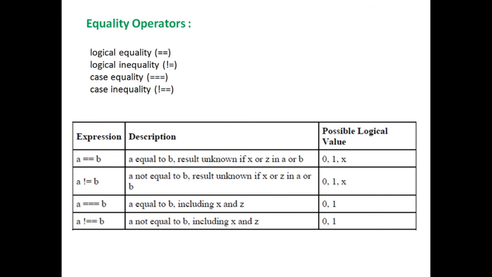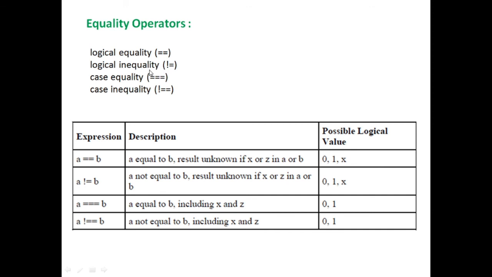So moving to the next one, equality operators. So what are these equality operators? These equality operators may be logical equality or case equality. So logical equality is indicated with 2 equal symbols, and case equality is with 3 equal symbols.